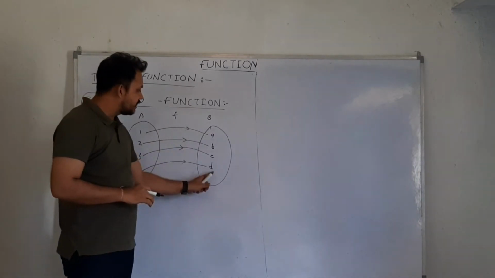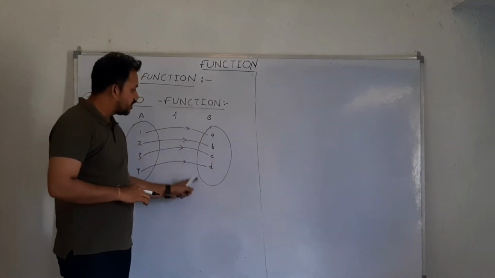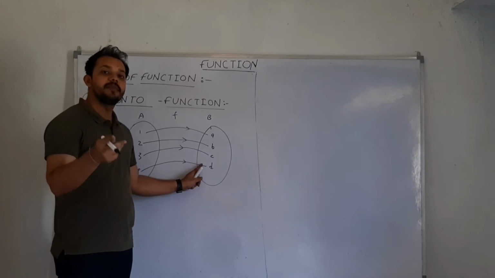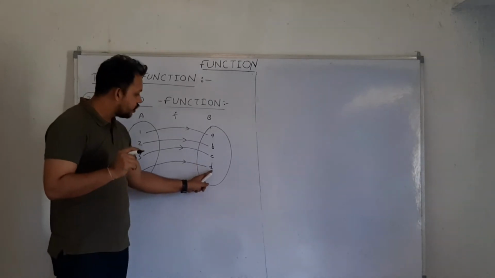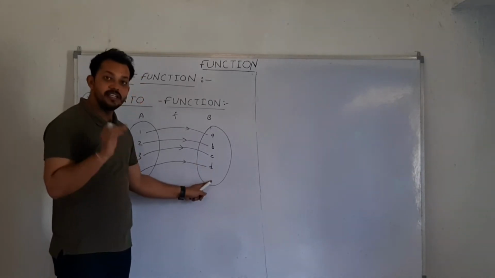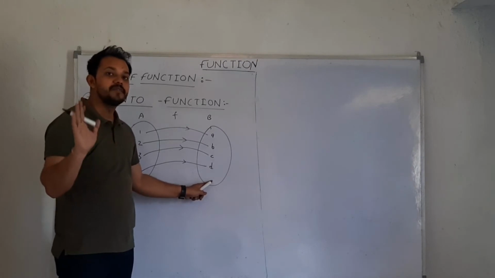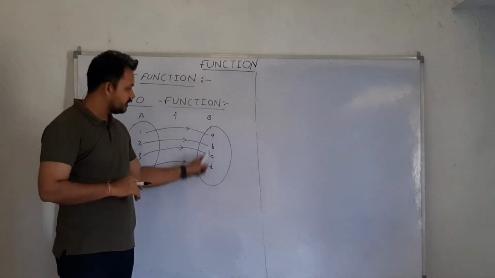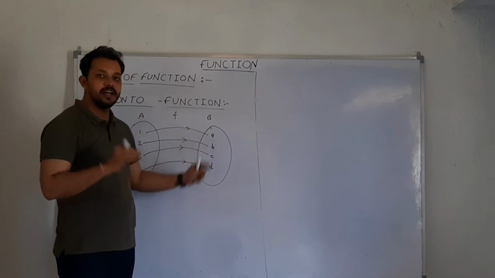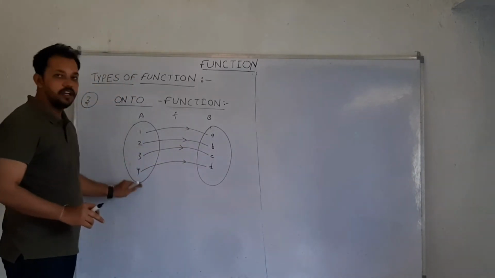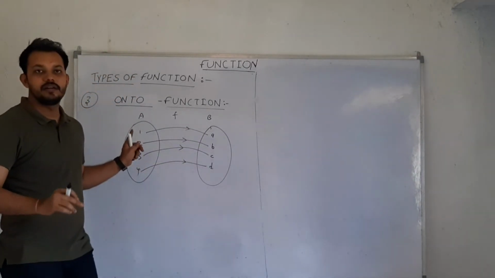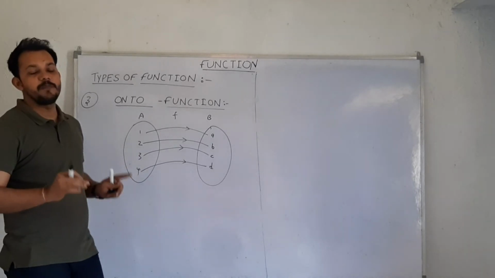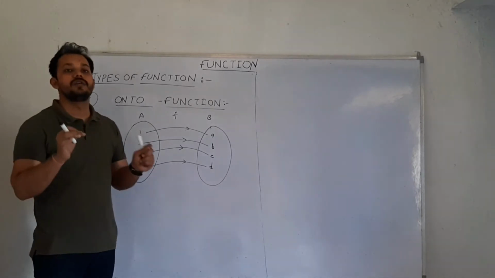We are saying that every element of the codomain is an image. That means no element is left which is not an image. That means every element of the codomain is an image for some value of the domain. This type of function is called an onto function.